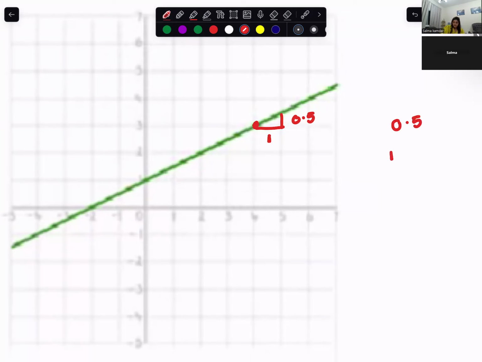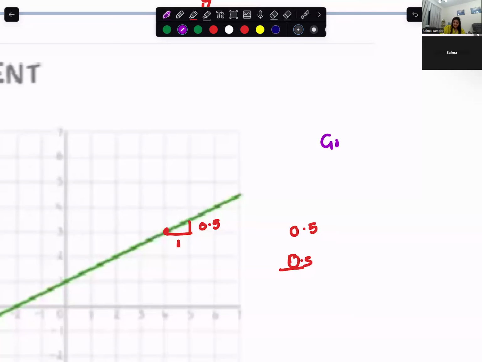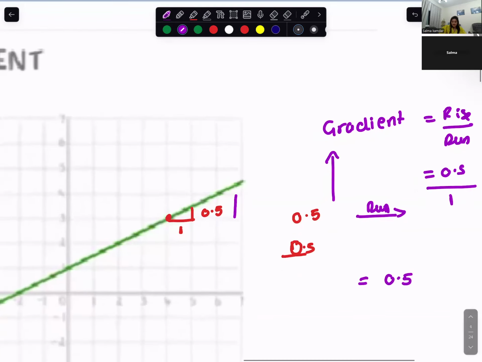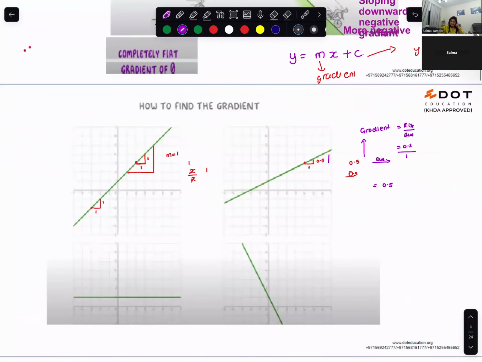Gradient is rise over run. The rise is 0.5, where rise means upwards, and the run means across. So rise over run: the run is 1, and the gradient of my line is 0.5. This is how you calculate gradient.